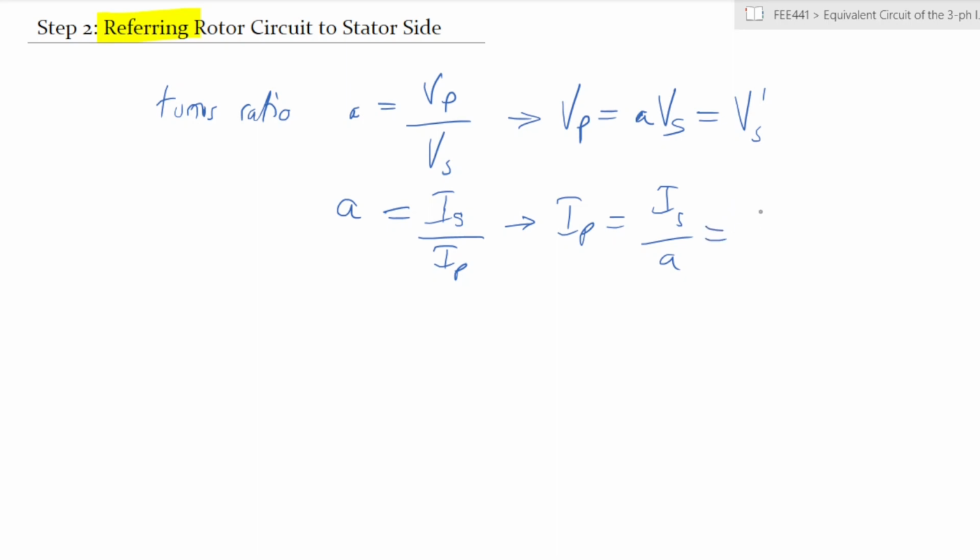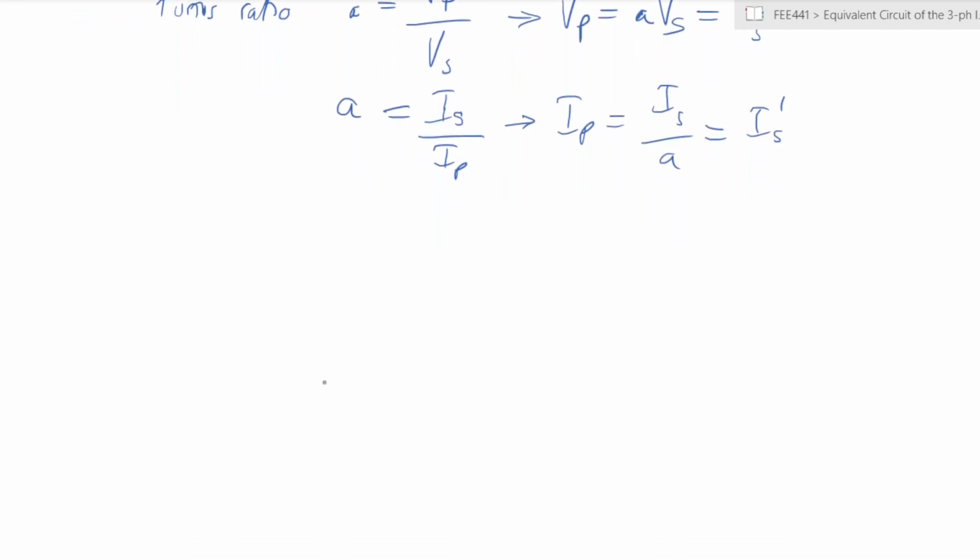And similarly, you would have a special stator current that is referred from the rotor side. So the rotor current referred to stator side will be given by these primes. That means that in the eyes of the stator, what we are aiming to do is, if you look at it from the stator side, remember we had our ideal transformer that looked like that, and this is the demarcation of the two.